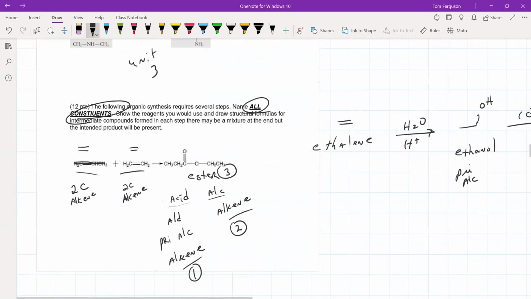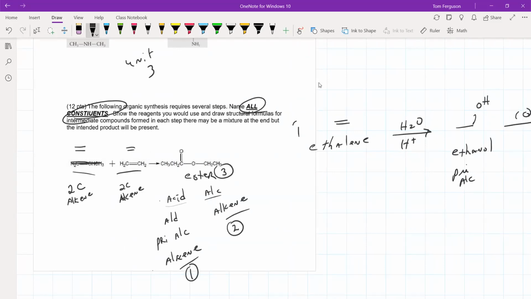So that's our first line here. Let's go to the second line. So this one we need to end up with an alcohol. So we do the same reaction here. Let's make this a blue stone.